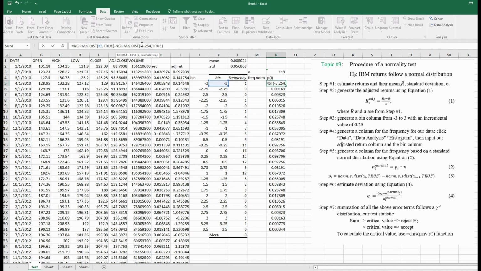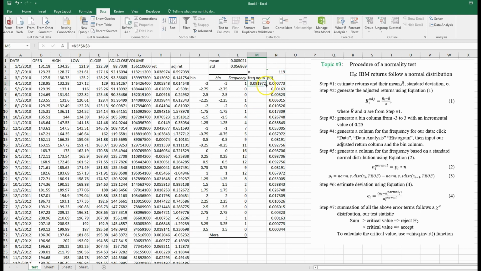So we have the probability. Again, this is the probability times total, according to equation number 2. So this is the frequency based on the normality assumption: probability times number of observations. Again, hit F4 to fix it.